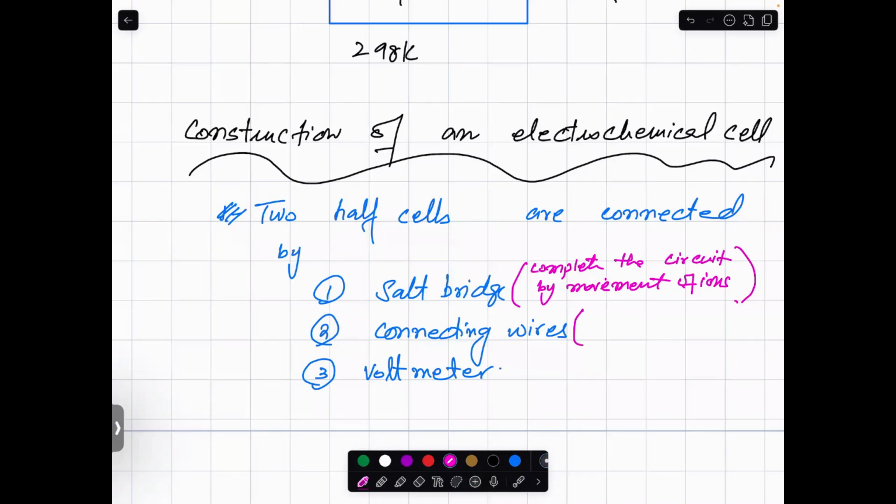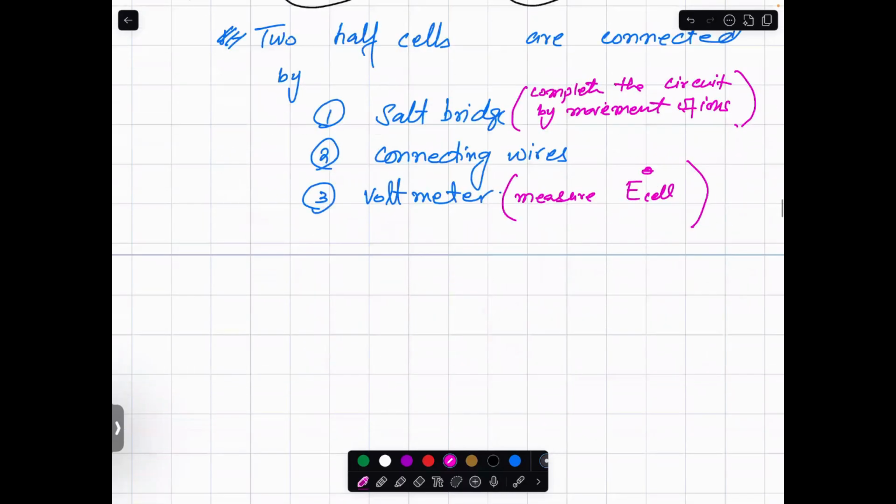Connecting wires, charge carried by delocalized electrons, and voltmeter measures E cell, the potential difference of 2 half cells.